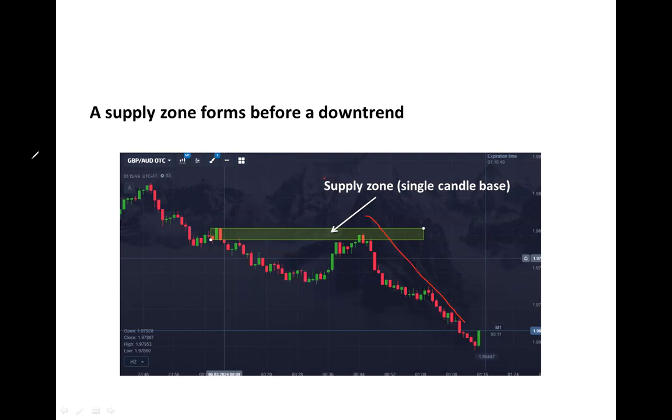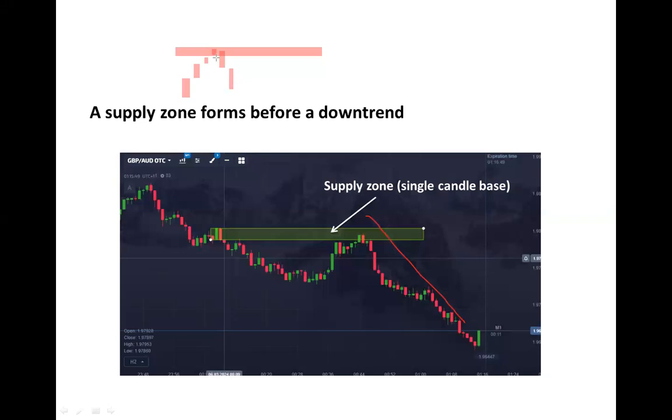What I mean by single candle base is a particular zone. For instance, we have a zone here. The market approaches the zone, and the market reverses or touches this particular zone. We have a particular supply zone here, and the market continues to push higher and finally reaches the zone and starts to reverse.